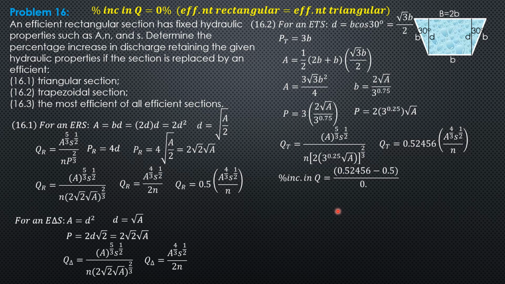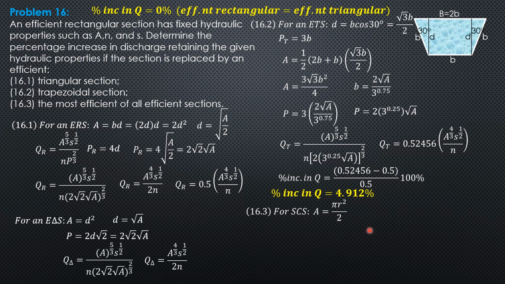So this shows that an efficient trapezoidal section is more efficient than the efficient triangular and rectangular sections, because the efficient rectangular and triangular sections are equally efficient. So percent increase in Q, if we replace the efficient rectangular and efficient triangular sections by an efficient trapezoidal section, is 4.912%.